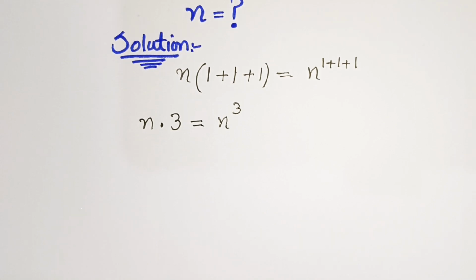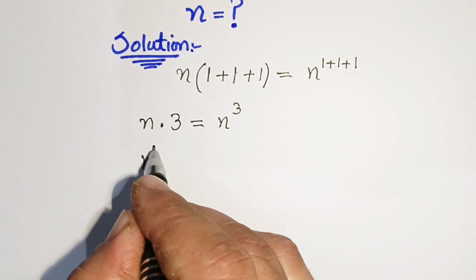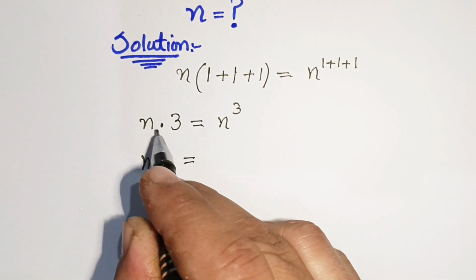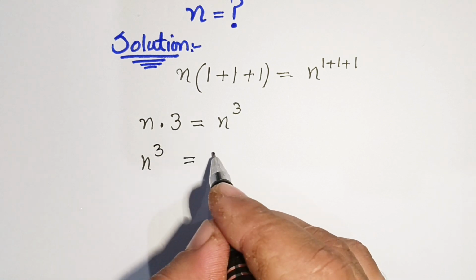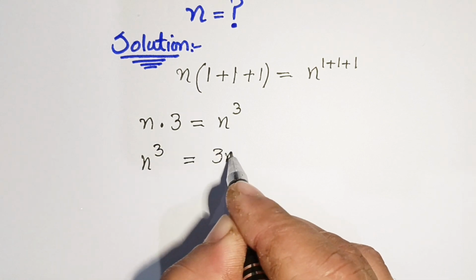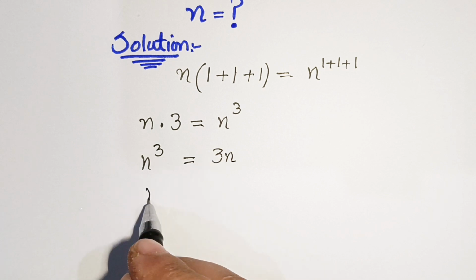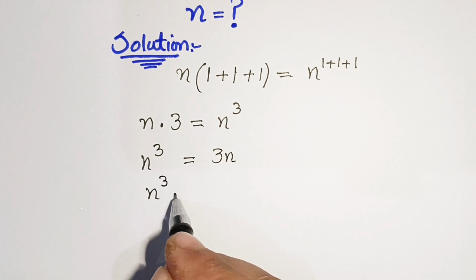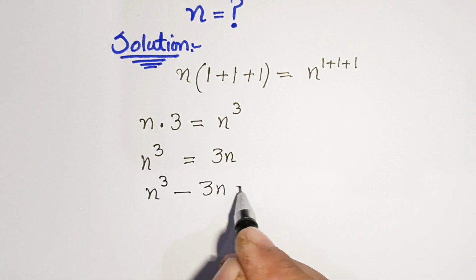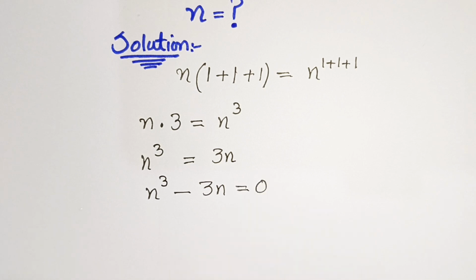So n cubed is equal to 3 times n. Now shifting the 3n, we get n cubed minus 3 times n is equal to 0.